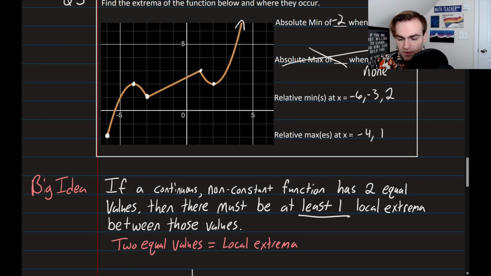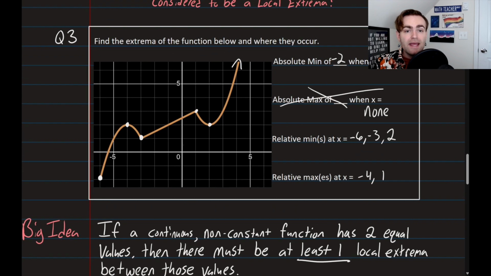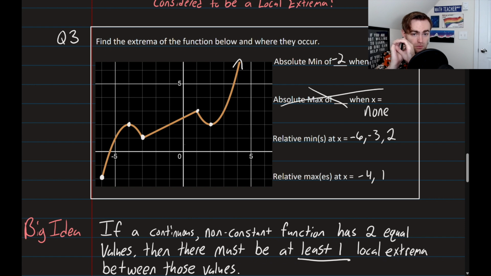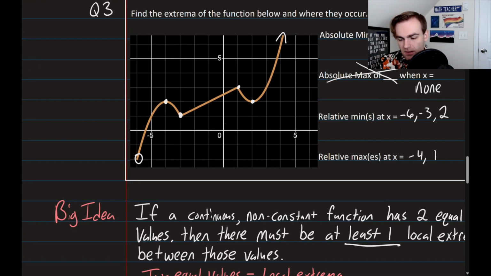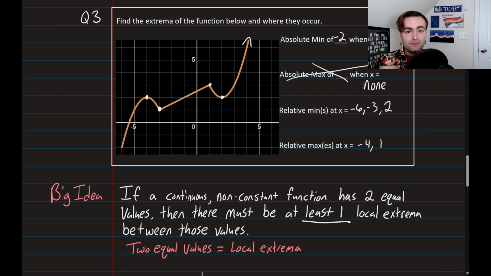Now, something I do want to note that isn't necessarily on here is if you have an open hole as an endpoint, like if this point here, instead of being a closed hole, was open, we would say it does not have an absolute minimum either, because you can get as close as you want, and I can find something a little bit closer. But that's more of a calculus concept, so for now we're not going to mention that much more, but do keep in mind that there are some weird cases that might come up in the future.